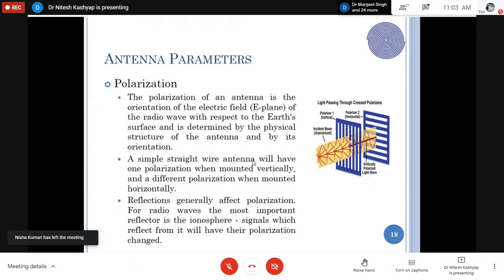Other than that, we have three kinds of polarization: linear polarization, elliptical polarization and circular polarization of the wave. If the wave is circularly polarized, there are two separate polarizations, right hand circularly polarized and left hand circularly polarized. I will tell you later.